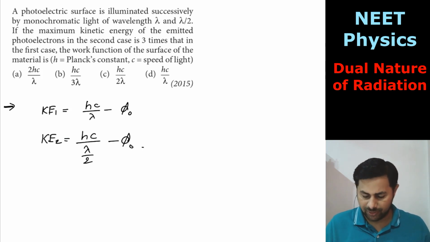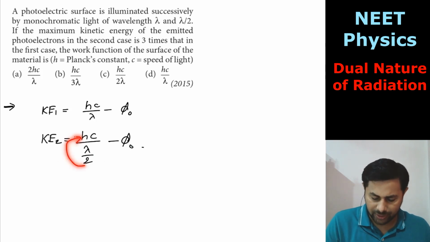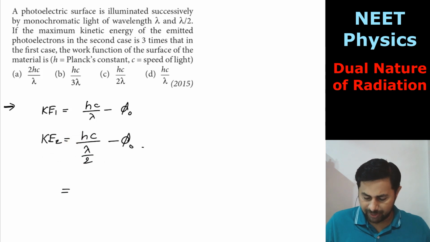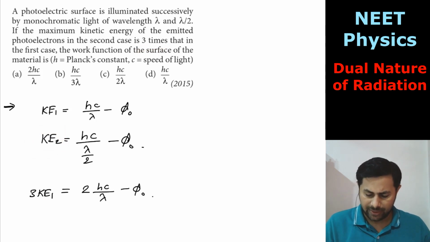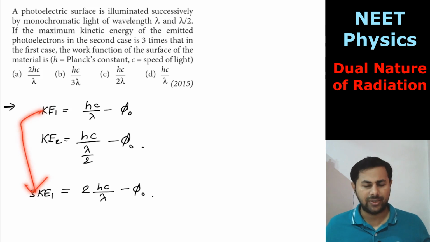We are just writing down Einstein's equation, and this 2 will go in the numerator, and this can be written as 2 times Hc by lambda minus phi naught. Ke2 is given to be equal to 3 times Ke1. So 3 times Ke1 is equal to 2 times Hc by lambda minus phi naught.